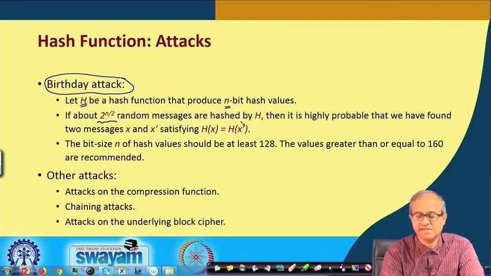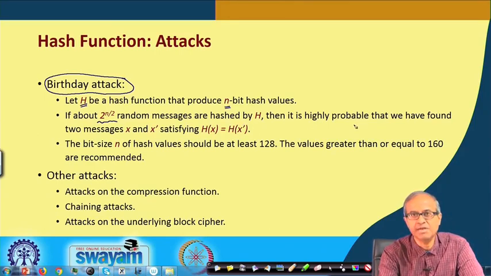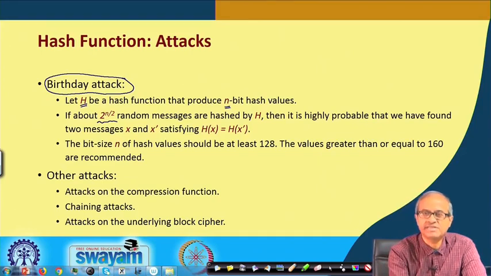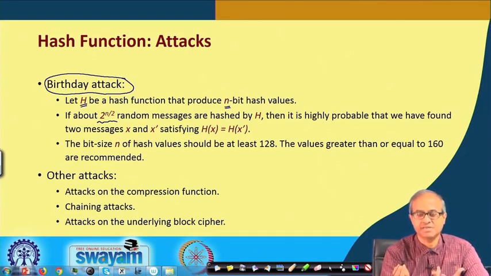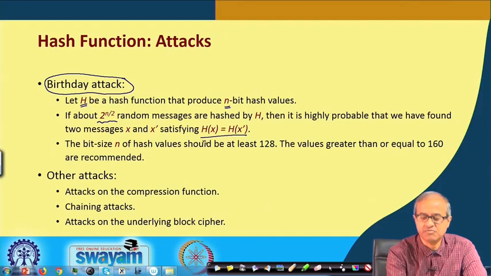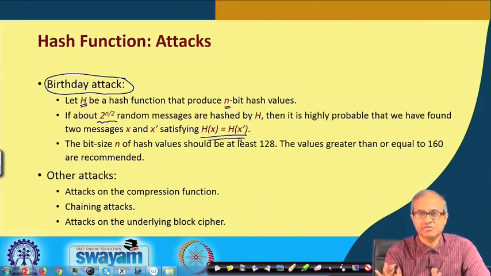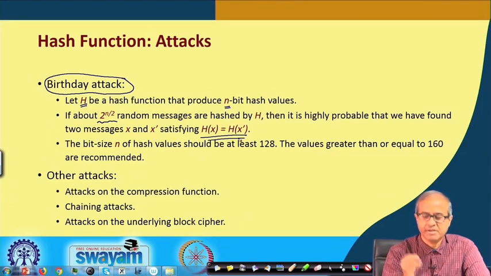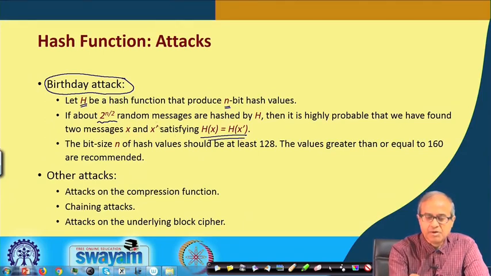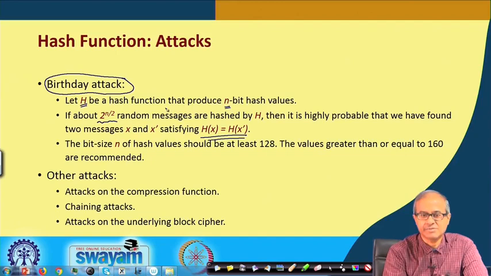If random messages are hashed by H, then there is a theory which says that there is a high probability that you have 2 messages x and x prime with the same hash value. There is a number theoretic proof behind it. Because of this birthday attack, this is possible.